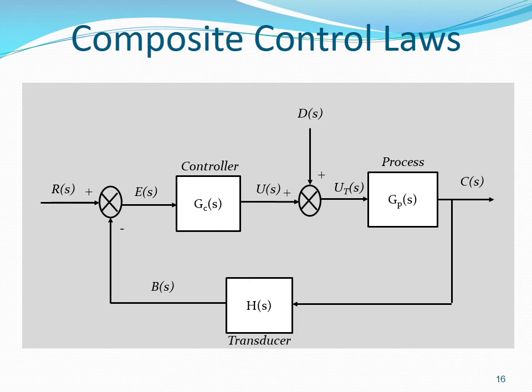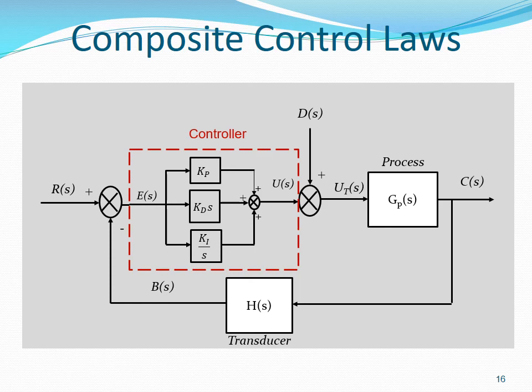Let's illustrate a composite controller using the system given here. The controller is in the forward path and is represented by the TF G_c(s). The controller has three components: a proportional controller, a derivative controller, and an integral controller.